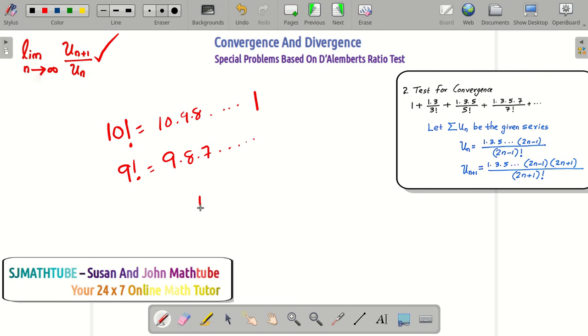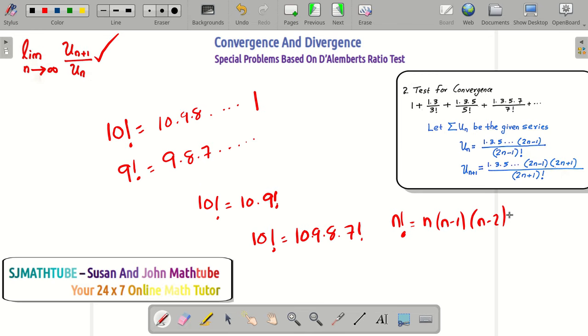So, what I'm trying to convince you here is 10 factorial can be written as 10 into 9, and if you want to stop here, you just put 1 factorial. Or 10 factorial can be written as 10 into 9 into 8 into, I want to stop here. That's it. So in general, if you have n factorial, you can simplify n, n minus 1, n minus 2. If you feel like stopping it over here, just put factorial.